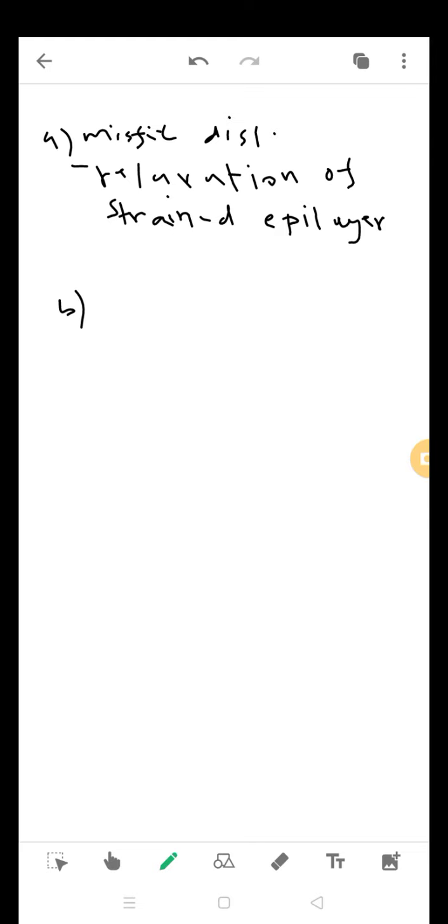The second one, the dislocations in substrates, actually extend into the epilayer.